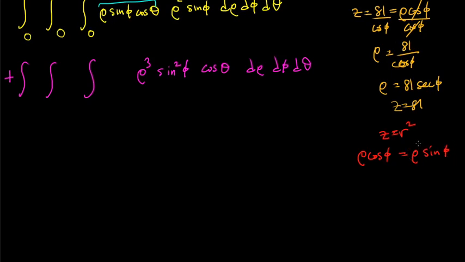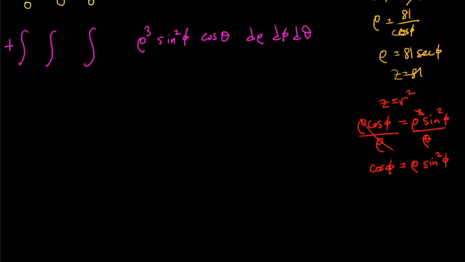Or just square the rho and square the sine of phi. I can divide both sides by rho, because it's not 0 except at the origin, and we're not going to worry about that. So we end up with cosine phi equals rho sine squared of phi. We're solving for rho, so divide by sine squared of phi.